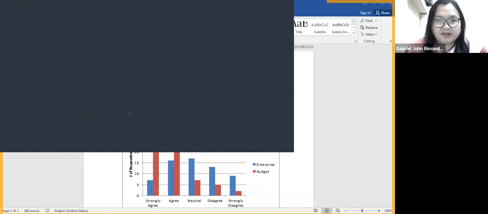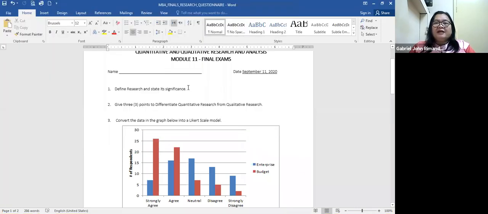So you know that very well. Tama ba? So what I mean by 3 points is identify the aspect by which you would like quantity and quality to be compared or contrasted. Okay? So you can write your answer below.